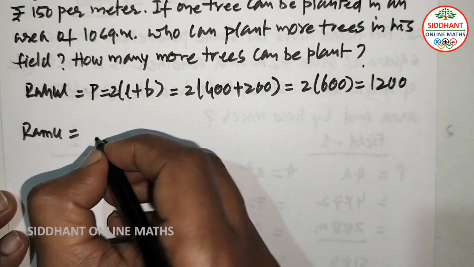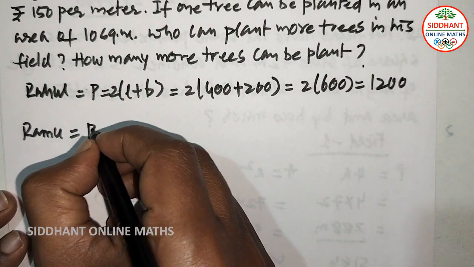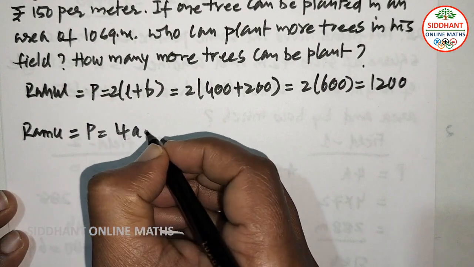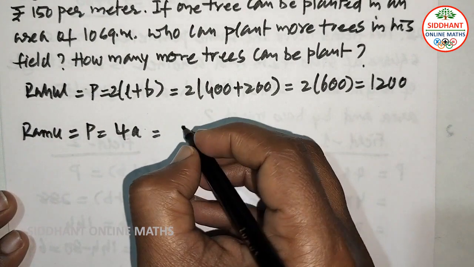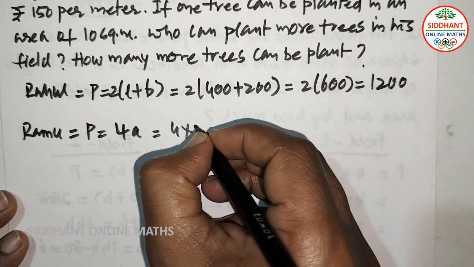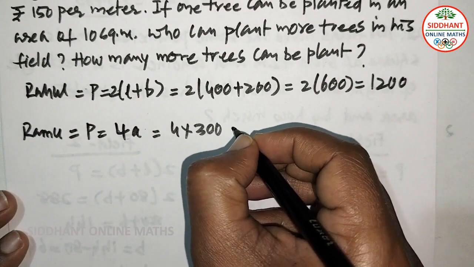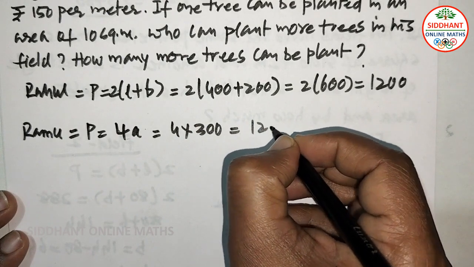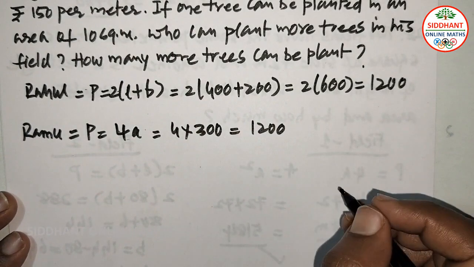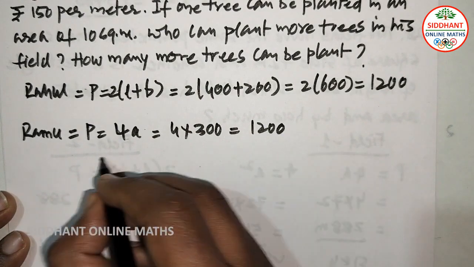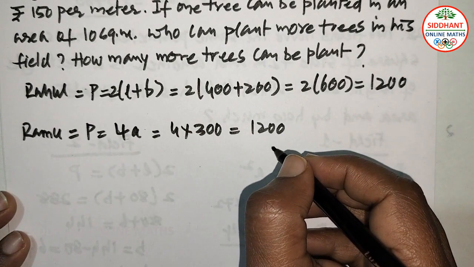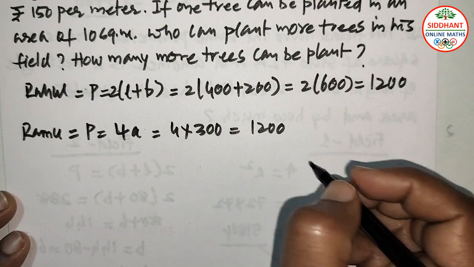Ramu's field is a square, so the perimeter will be 4 into a. One side is 300 meters, so that is 4 into 300 meters, that will be 1200. So the perimeter of Rahul's field is 1200 and Ramu's is 1200 meters.